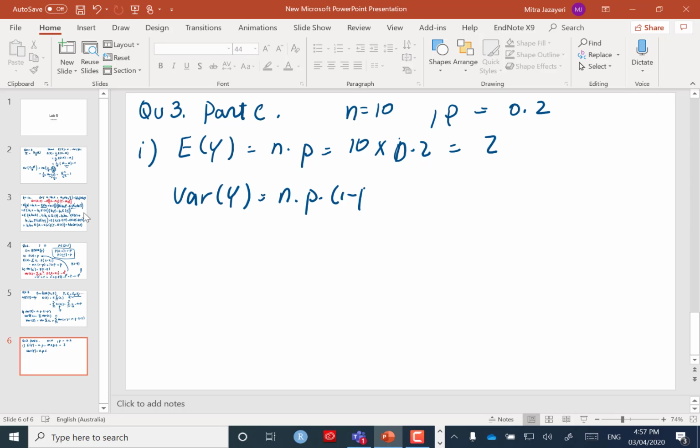What does part 2 say? It says, what is the probability of Y less than or equal to 1? So the probability of Y less than or equal to 1 means the probability of Y equals 1 plus the probability of Y equals 0.